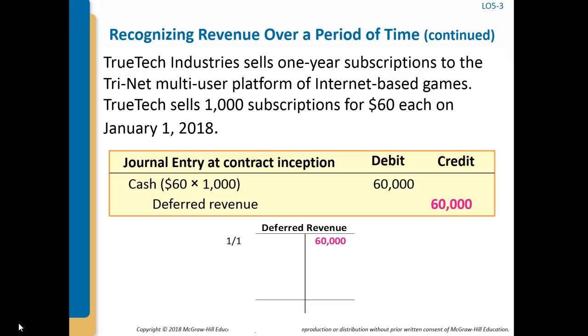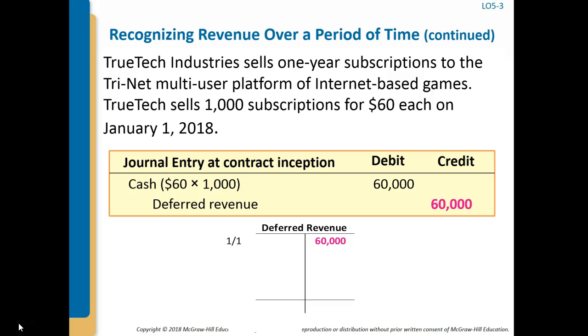True Tech has a single performance obligation to provide a service to subscribers by allowing them to access the gaming platform for 1 year. Note that TriNet users consume the benefits of access to the service over a period of a year. So this contract qualifies for revenue recognition over time under the first criterion stated earlier.